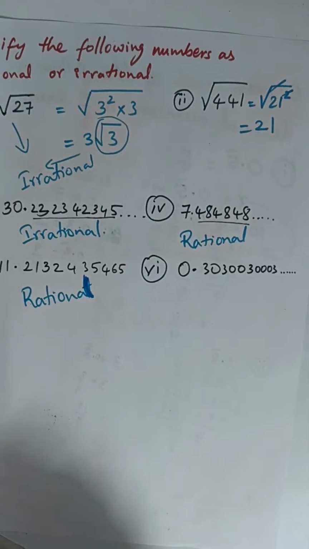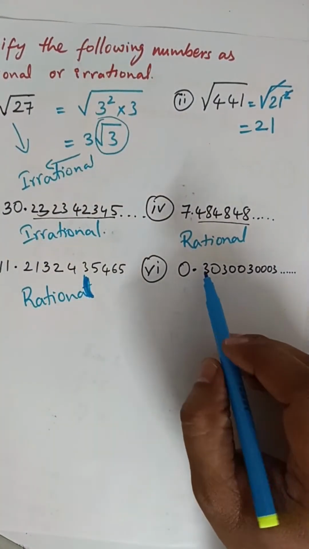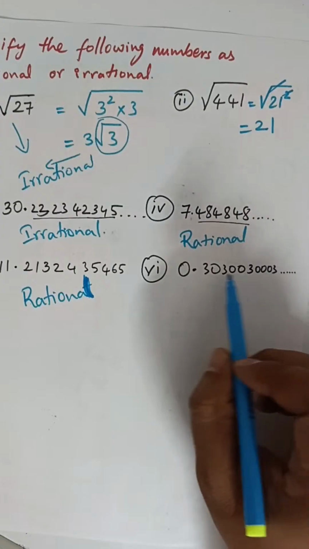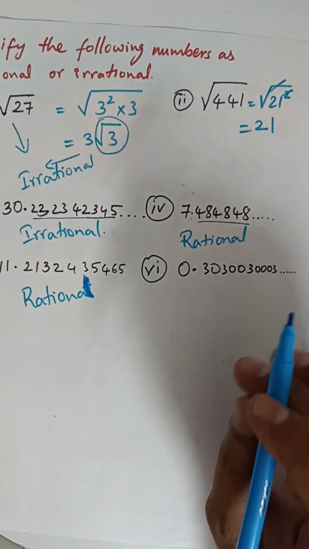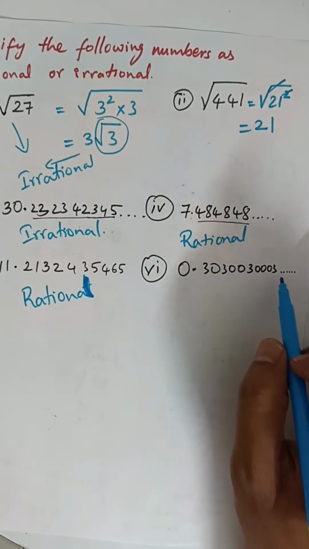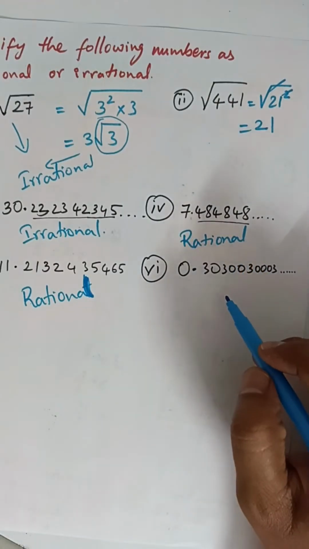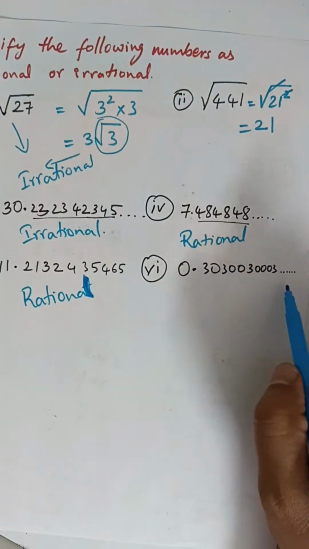Now next question. Now see, just you have to think it's repeating or not repeating. It is non-terminating, right? To become an rational, first of all you have to see it's terminating or not, non-terminating. It is non-terminating. Okay. If it's not terminating, then see is it repeating or not. It's not repeating also.